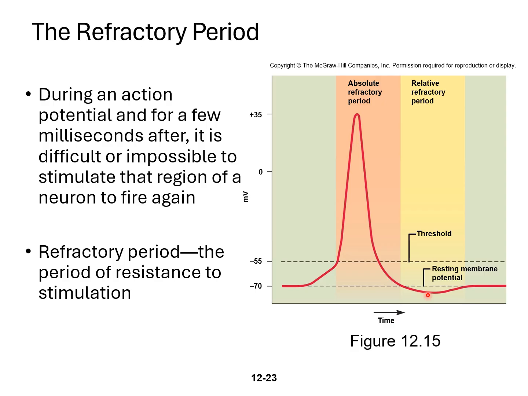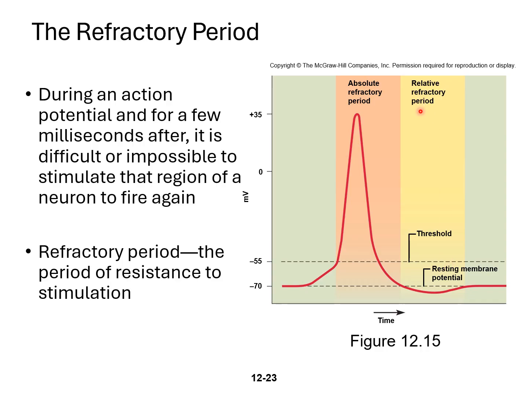In the relative refractory period, could you still send a signal? Yeah. You would just need more input to get it back up to threshold. So in the relative refractory period, because we're more negative, we're going to need more positive ions to flow back into the cell to get us closer to threshold.